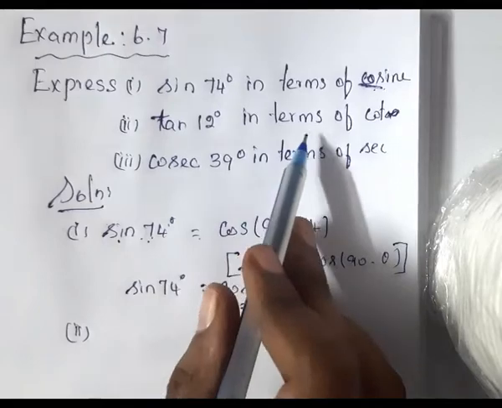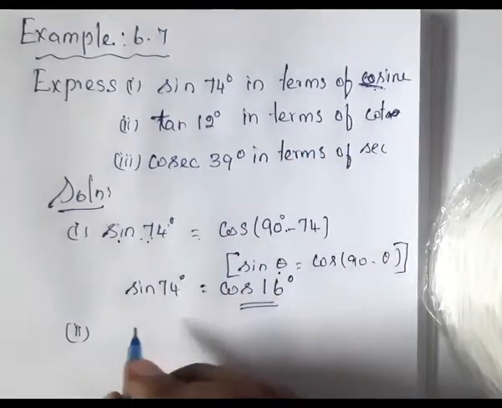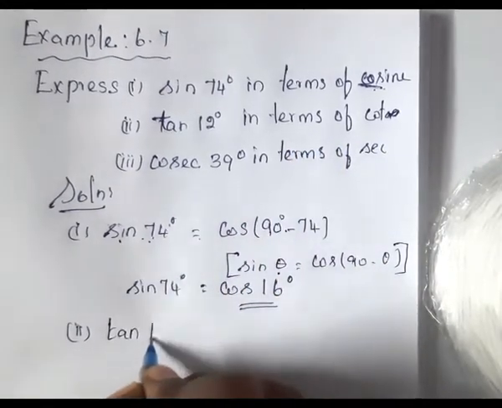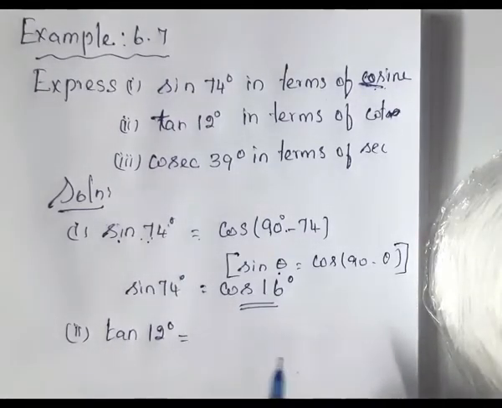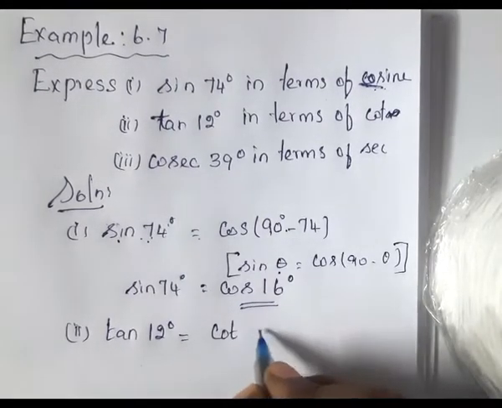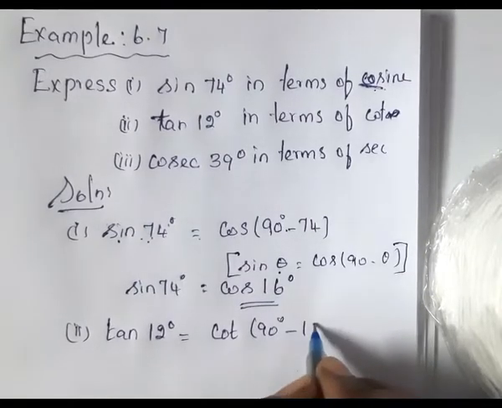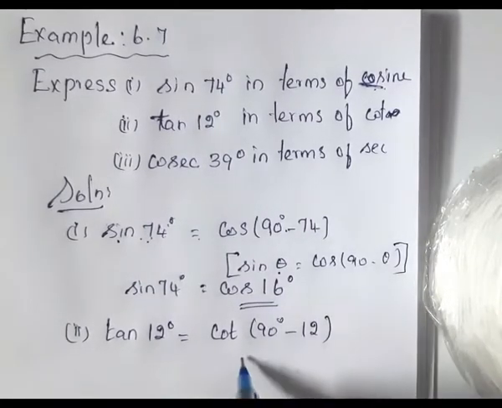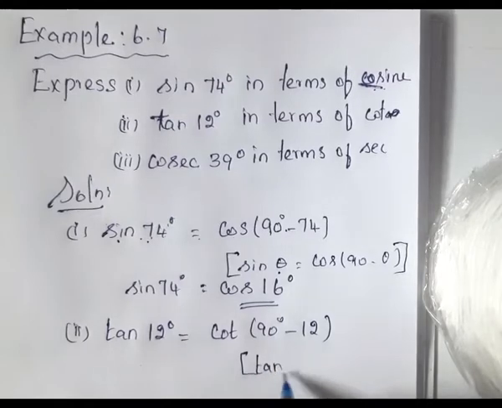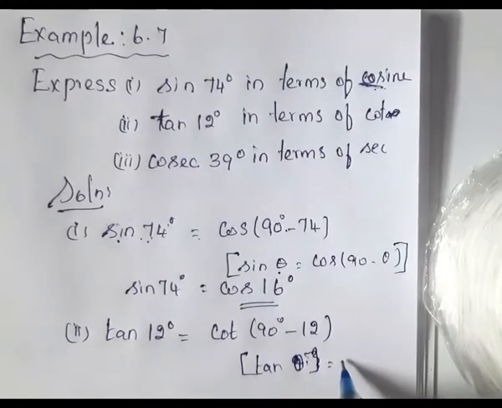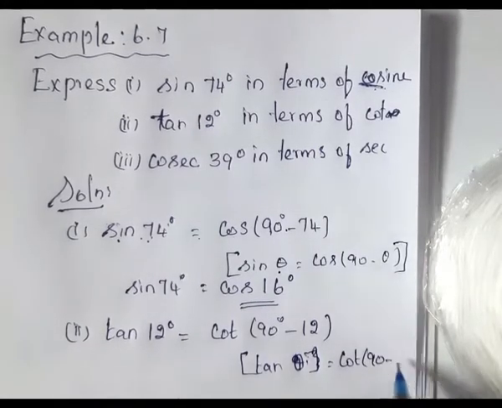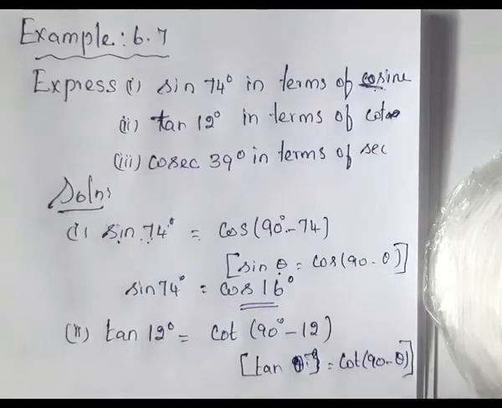Tan 12 degree in terms of cot. So tan 12 degree we can rewrite. Tan and cot are a pair. So cot 90 degree minus 12. How can I write this? The formula is tan theta equal to cot 90 minus theta.